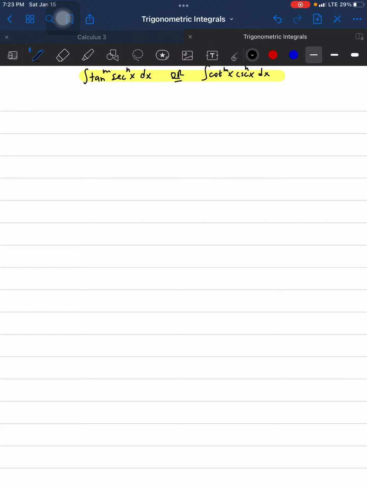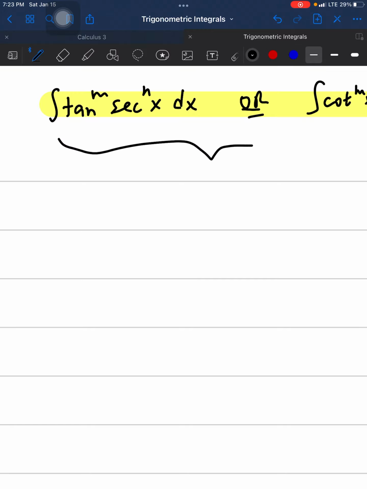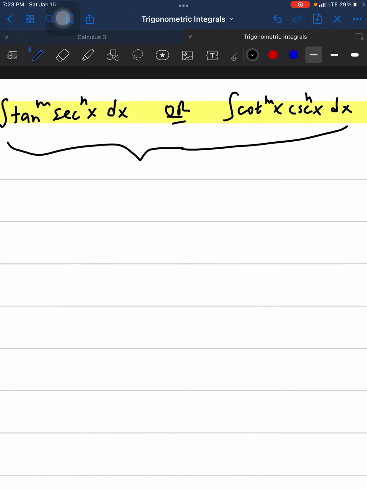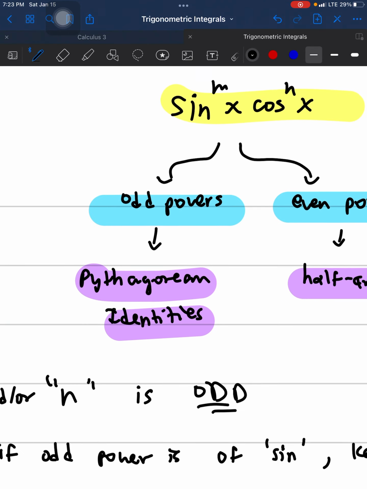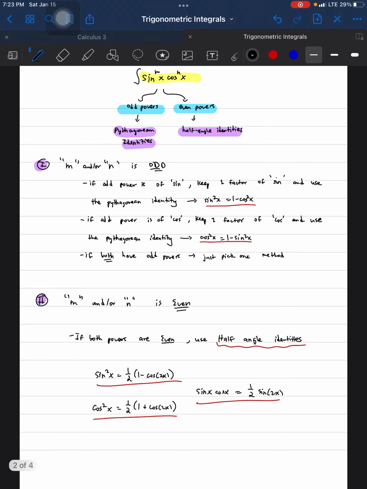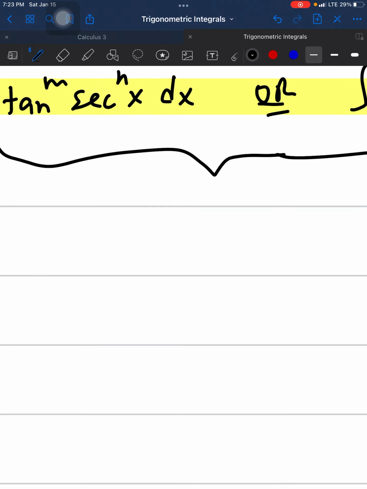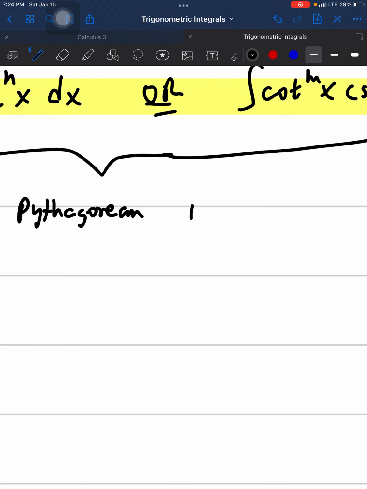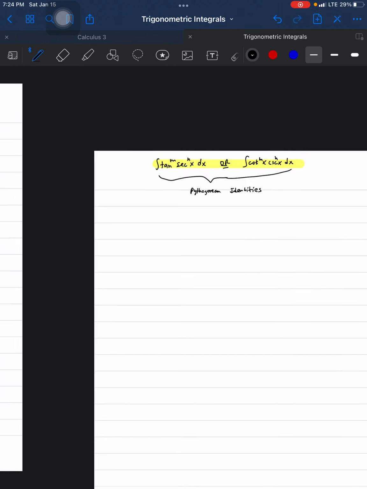For this one, we're gonna be using Pythagorean identities all throughout. No half angle identities. The half angle identities only apply to integrals of this form. For everything else, we're gonna be using straight up the Pythagorean identities. But we have to use the Pythagorean identities for tangent and secant squared, and cotangent and cosecant squared.